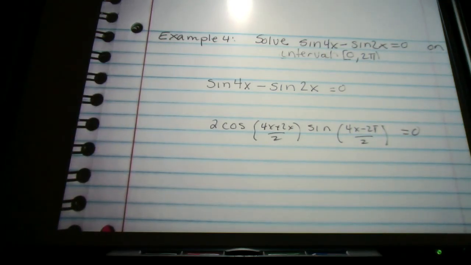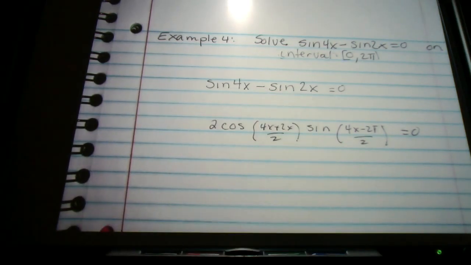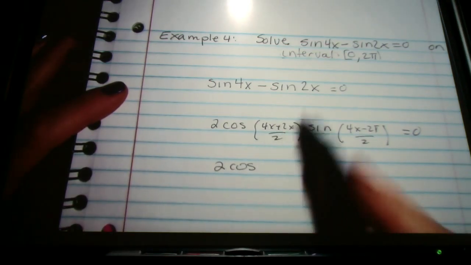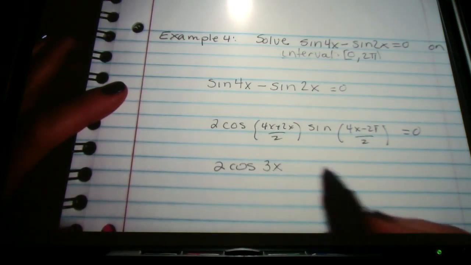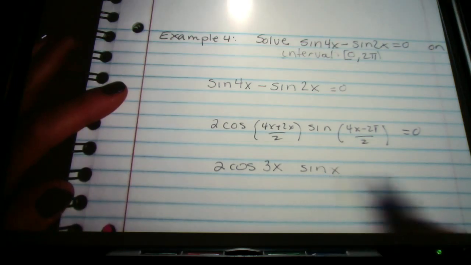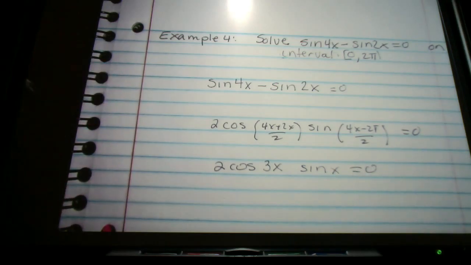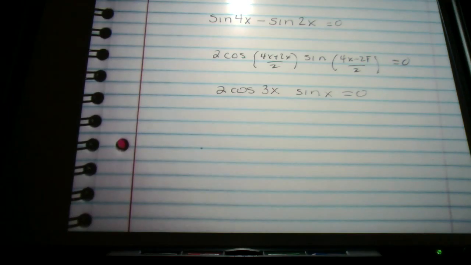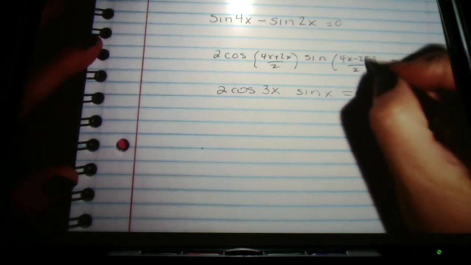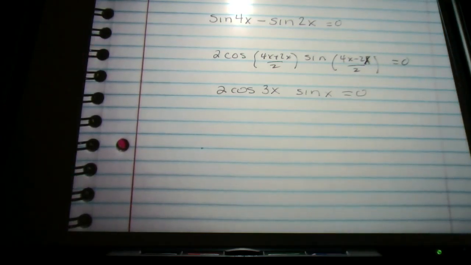It looks a lot easier than doing these twice. Well, what's 4x minus 2x?